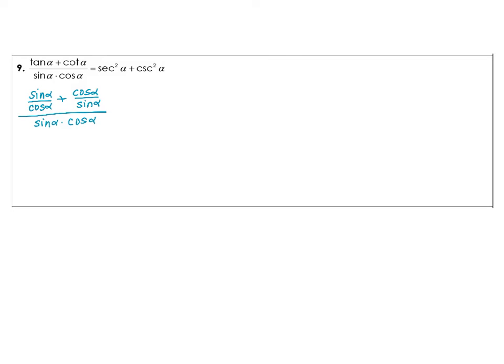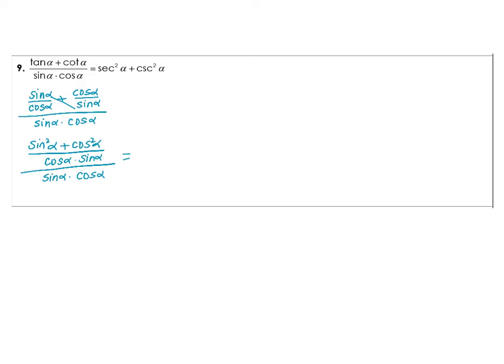And again, we're going to add that numerator. So we're going to have sine squared alpha plus cosine squared alpha over cosine alpha times sine alpha. And all of that, that's just the numerator, over sine alpha times cosine alpha.